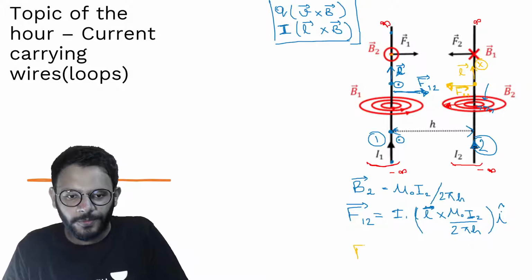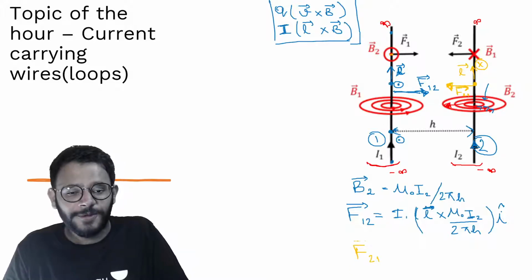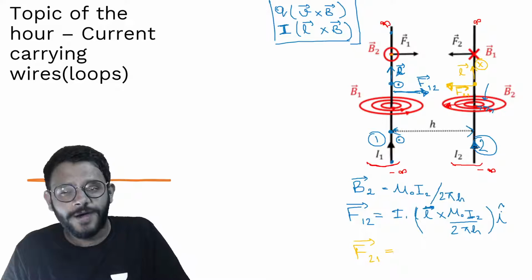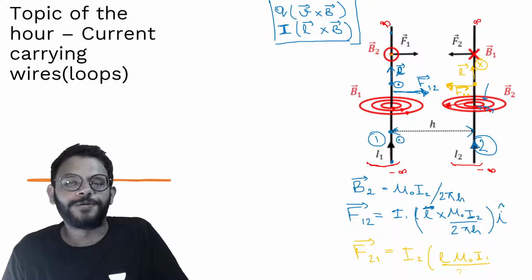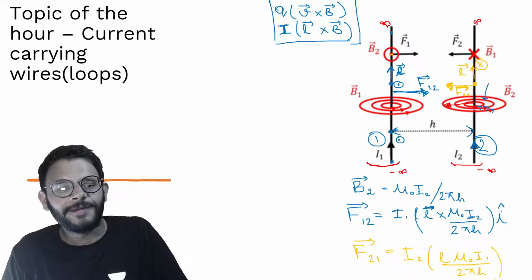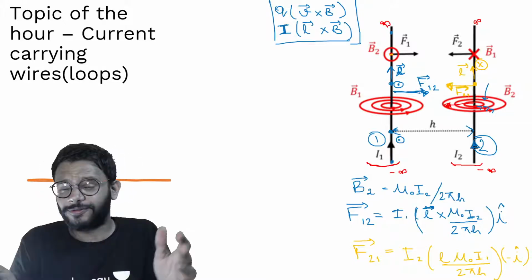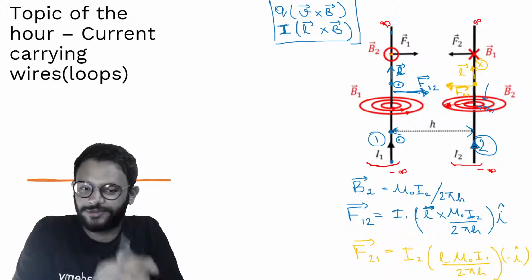So force acting on wire 2 because of wire 1 is going to be I2 times L mu naught I1 upon 2 pi h into minus I cap. I know the direction, so I need to specify it as well.